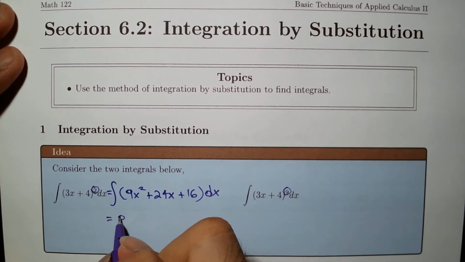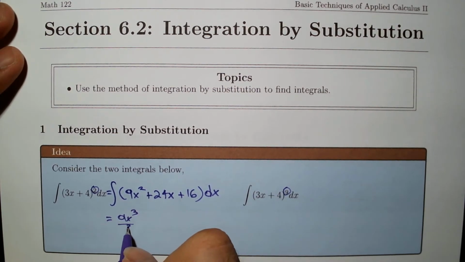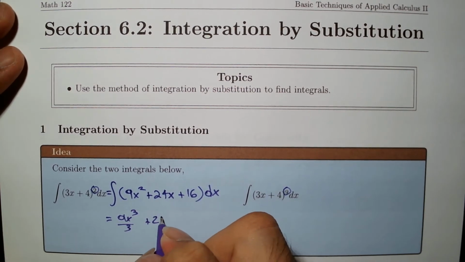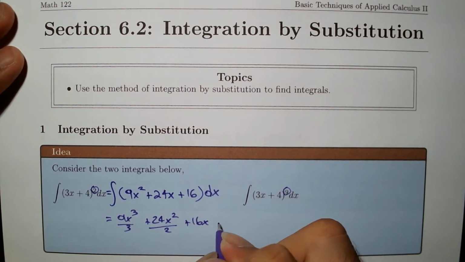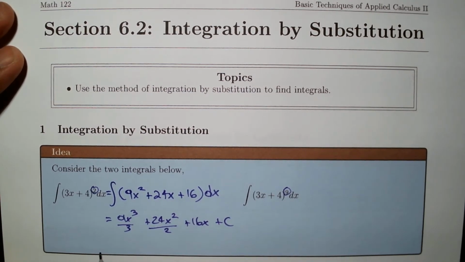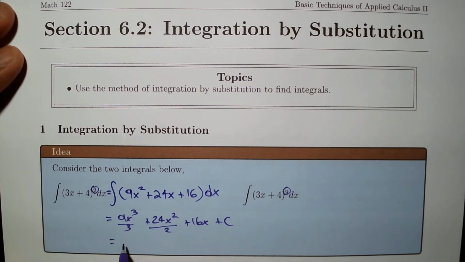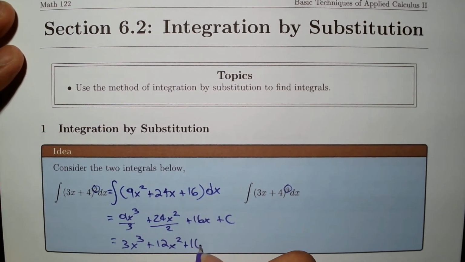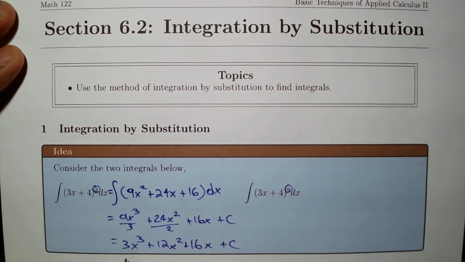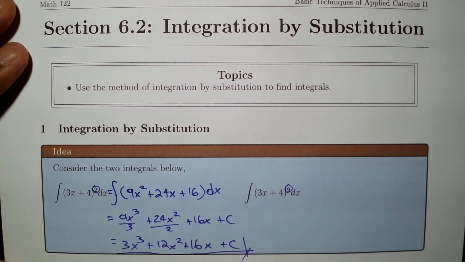So we get 9x cubed over 3 plus 24x squared over 2 plus 16x plus c. And simplifying these guys, we get 3x cubed plus 12x squared plus 16x plus c. Okay, that'll be it for this example.